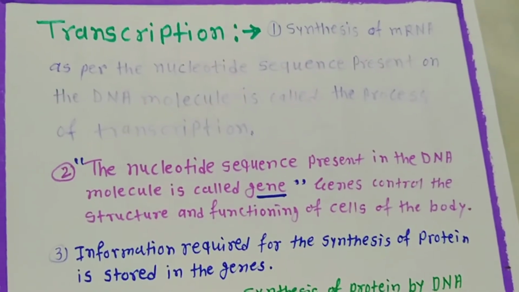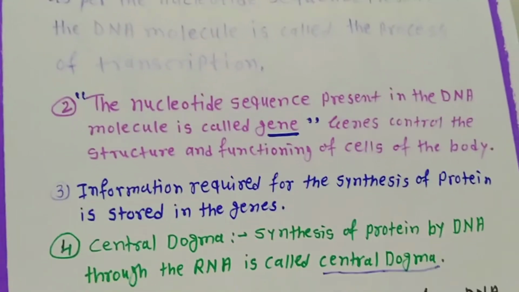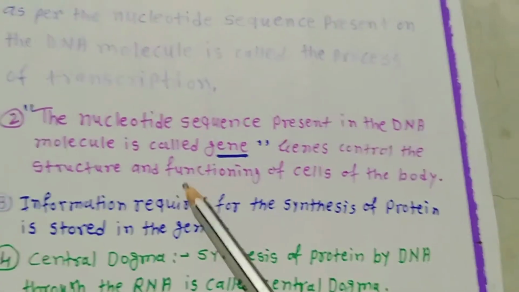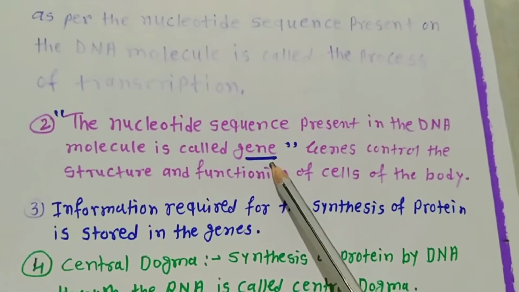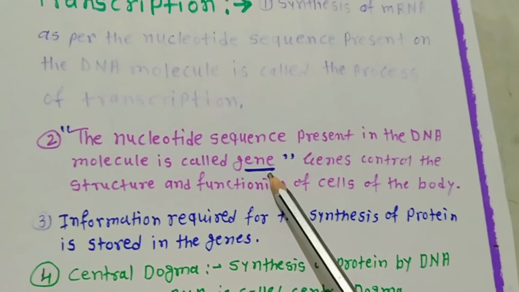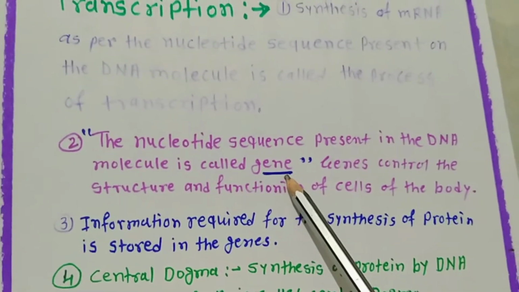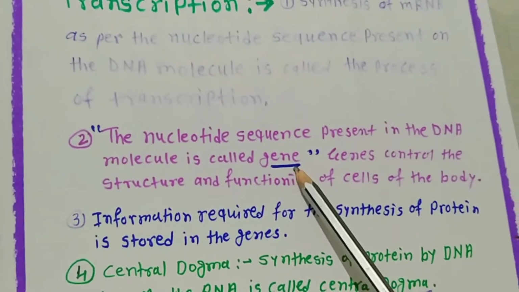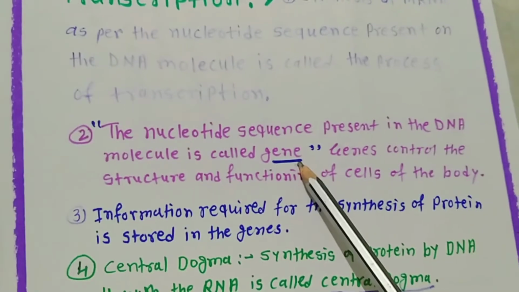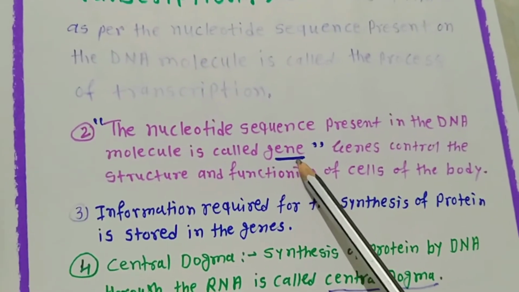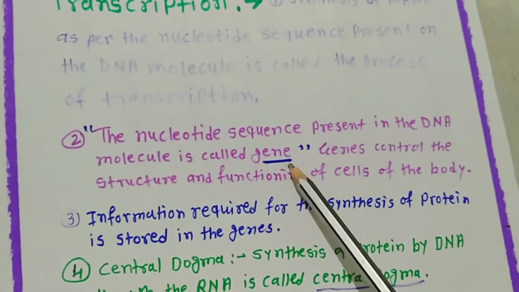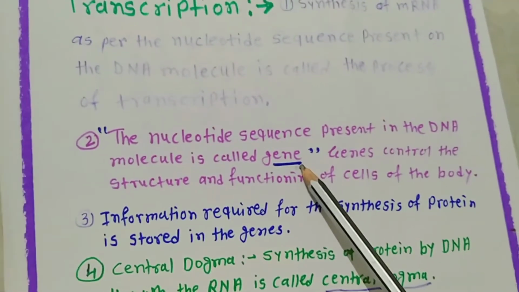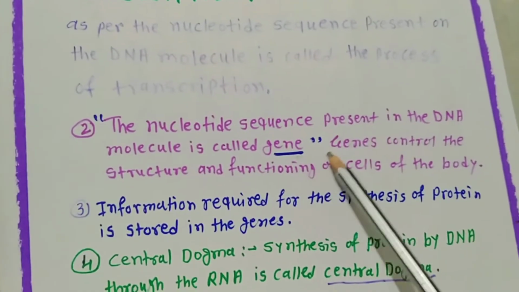The nucleotide sequence present in the DNA molecule is called a gene. How many genes are in our body? There are 20,000 to 25,000 genes present in our body, meaning in our nucleus.